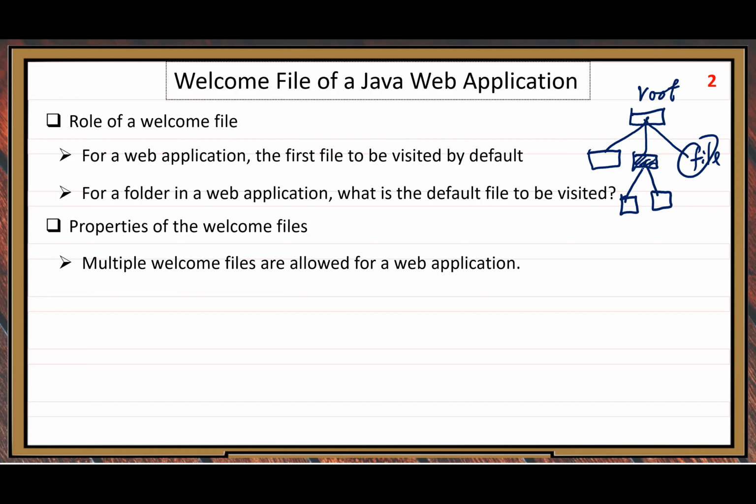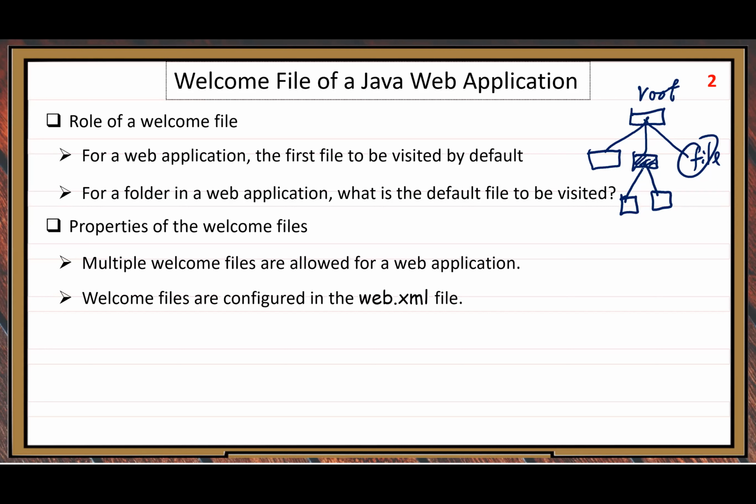We do not expose them, so we do not need to provide welcome files. That's why I say for some of the subfolders we may need to put welcome files. For that reason, multiple welcome files are allowed for a web application.